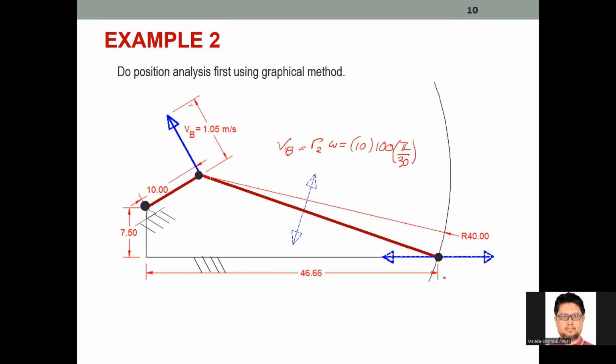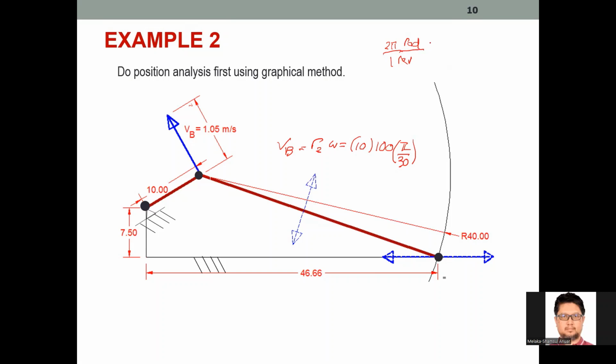Why is that so? Because 2 pi radian is 1 revolution.